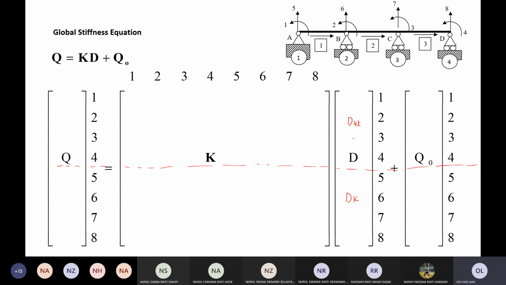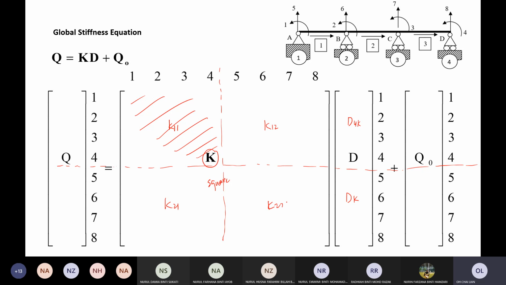Remember this K must be in square form. So you just need to determine this K11 region only. Remember, we have K11, K12, K21, K22 regions.